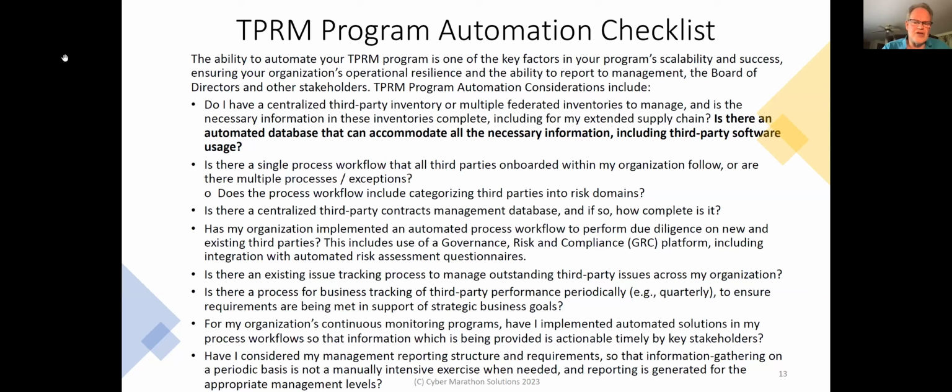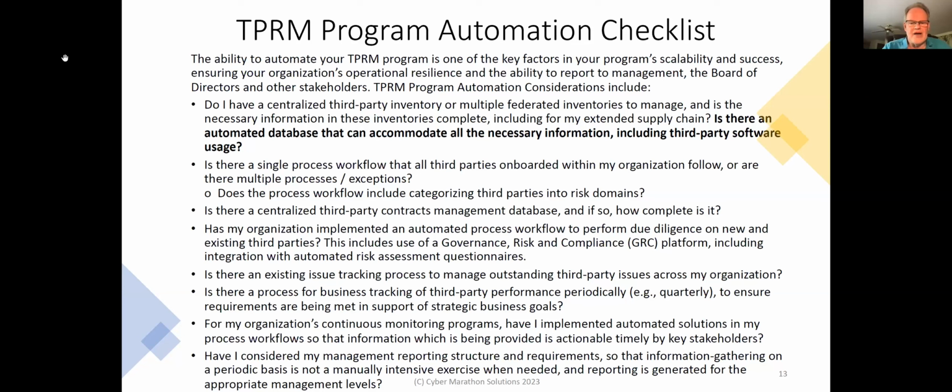Next, do you use a single process workflow for all third parties onboarded across your organization? Or are there exception processes? There may be parts of your business where, for some reason, they're given an exception to following the standard onboarding process that you're aware of.